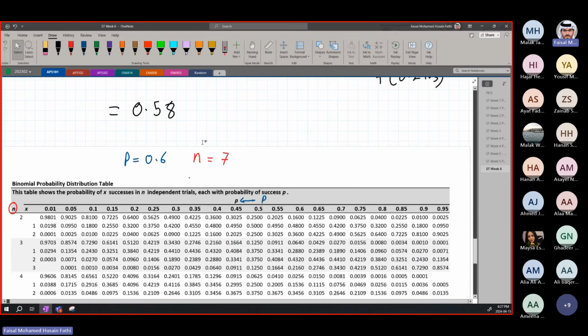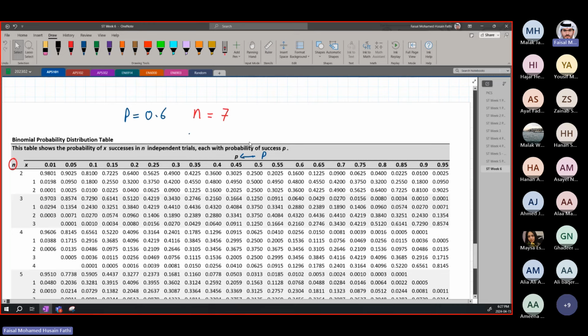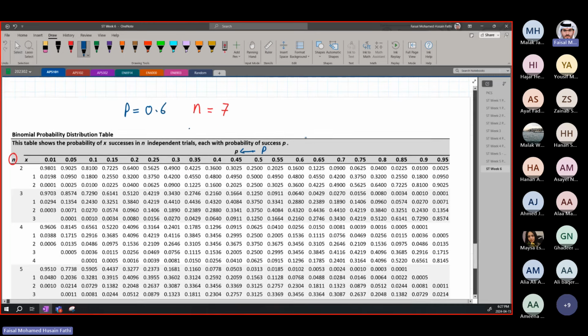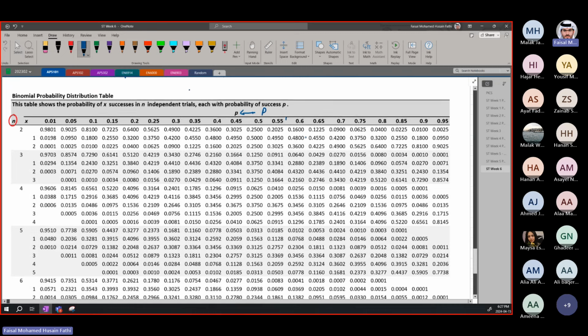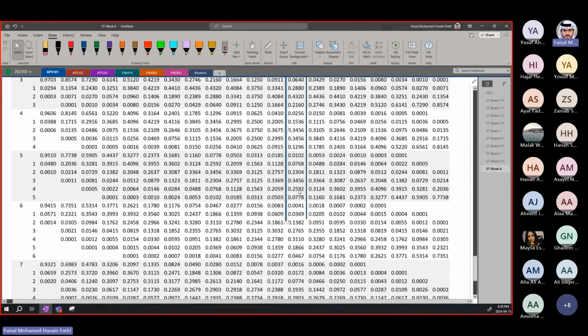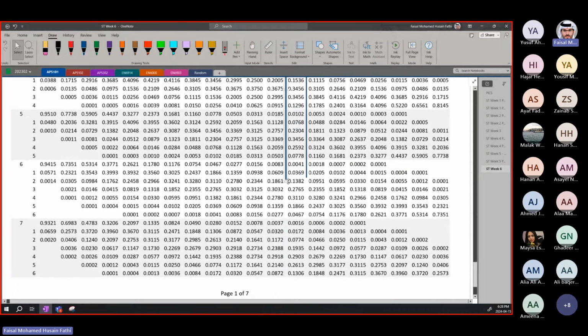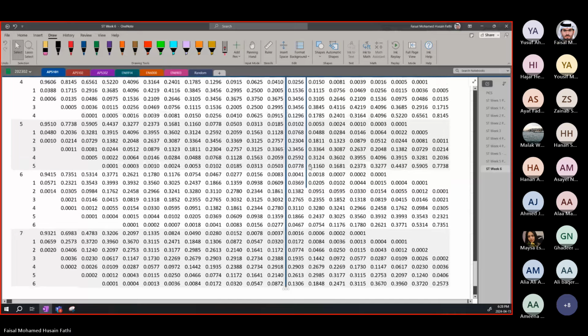The method of using this table is, the first thing you're going to do is look at your p, your probability. It's 0.6. So we know it is going to be somewhere between the two blue lines over here.